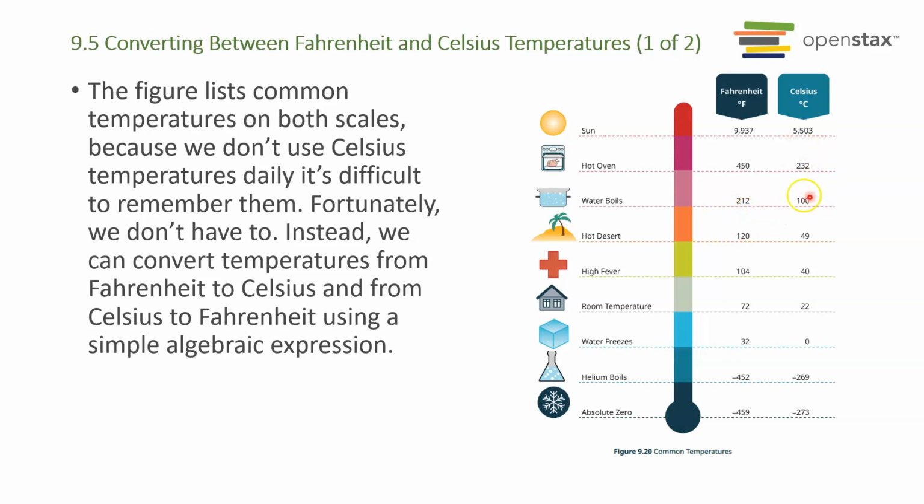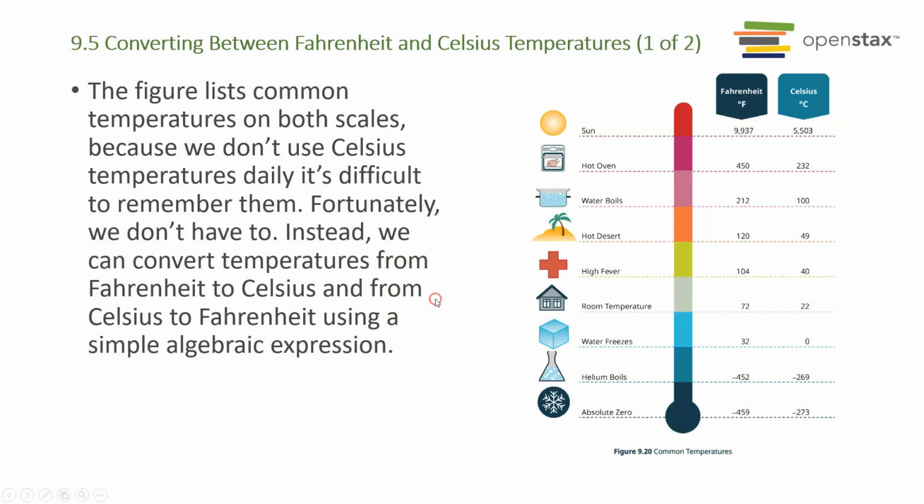And again, water boils at 212 and 100 Fahrenheit and Celsius respectively. So again, 32, 0, 212, 100, that's our two major points. Water freezes, water boils. Those are our two major pivotal points in these two systems.